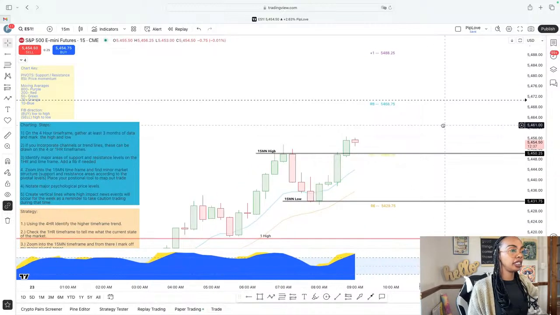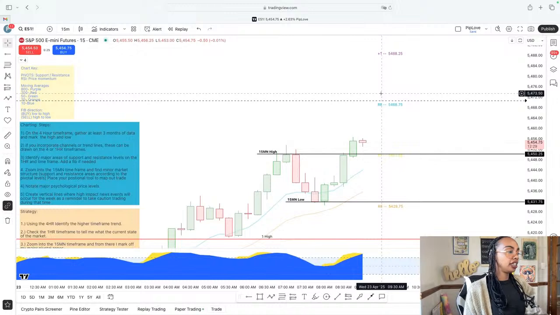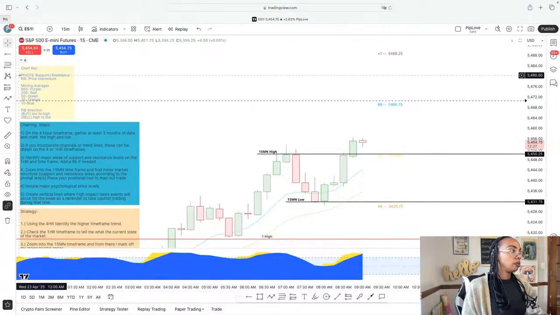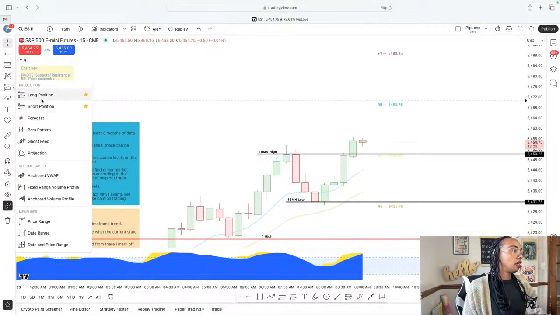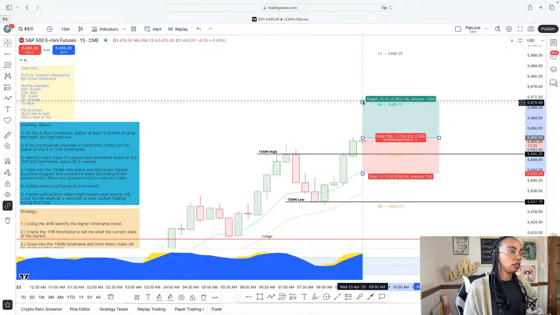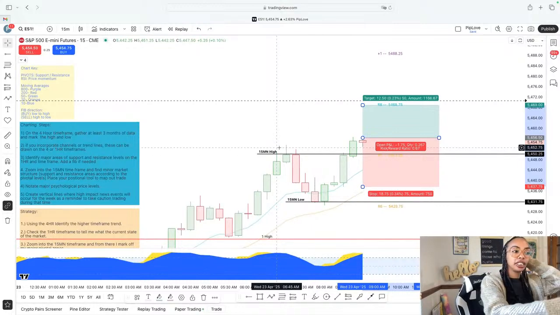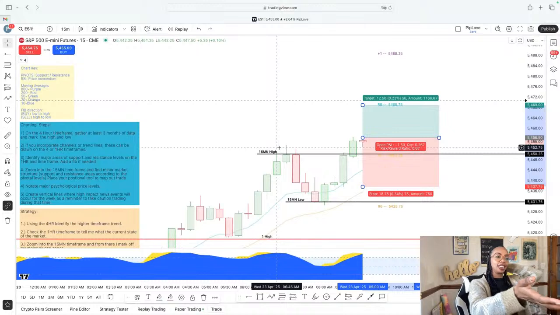Right now, we're still buying. So we're still taking our trade up to this 54.68 area here. So we can put our long position tool on. And now let's go ahead and go to our lower time frames to perfect our entry. Of course, this isn't good risk to reward management.